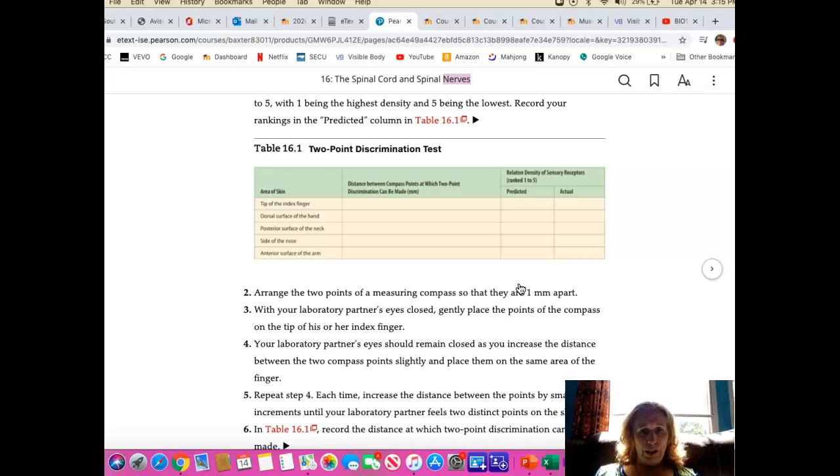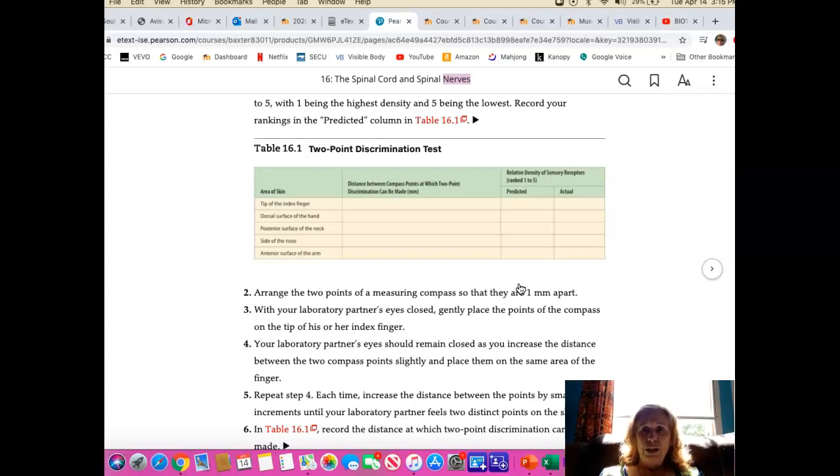So let's say you're testing your lab partner. Their eyes are closed. You gently place the points of the compass 1 millimeter apart on their index finger. They will say how many points they feel. It feels like 1 point. It doesn't matter how many there are, it's what they feel.